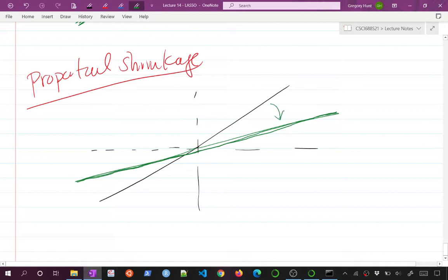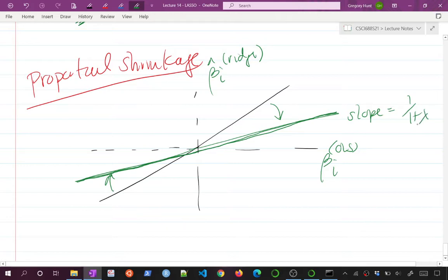So this is beta hat OLS, and this is beta hat i ridge. It's basically just squishing them all towards 0. It pushes the positive ones close to 0 and the negative ones close to 0. And the slope of this line is 1 over 1 plus lambda. So it doesn't 0 anything out.